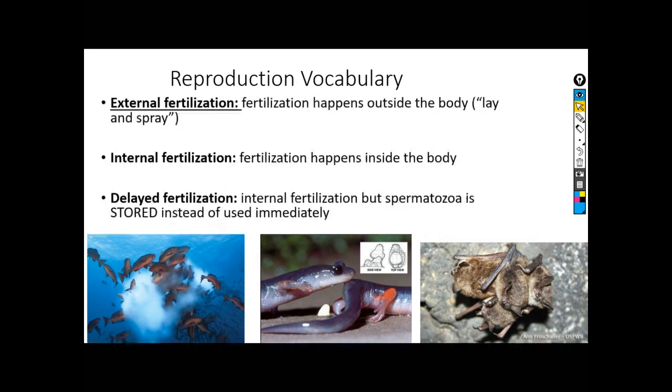Okay, so let's look at these. I want to compare these first two terms first, so we're going to just focus on these first two bullet points. External versus internal fertilization. When we're talking about these, we're thinking about where the actual event of fertilization happens.